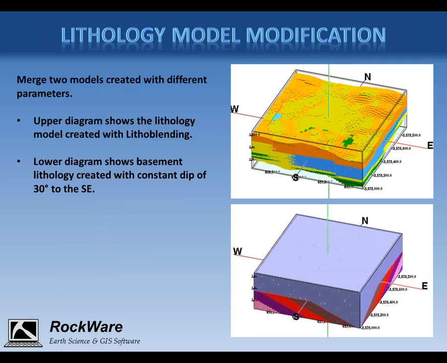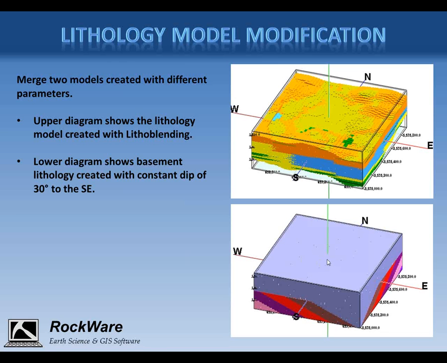Here I'm showing two different models. The top model is our typical lithology model. You can see that strong horizontal component. I've used lithoblending to model this lithology section, and I've truncated it based on an upper and lower surface.